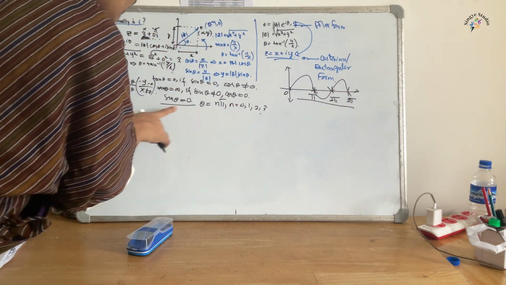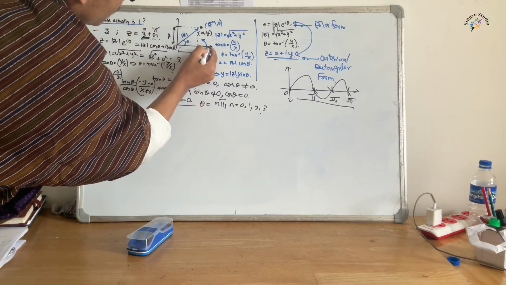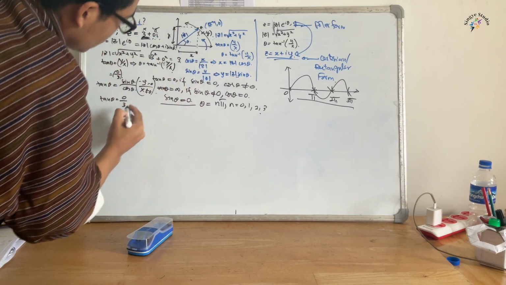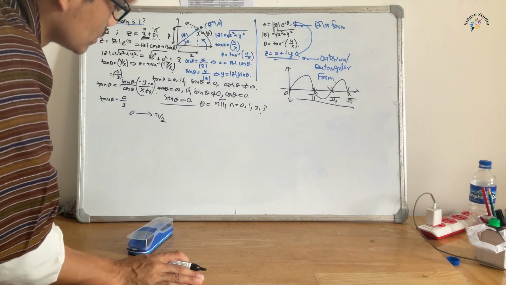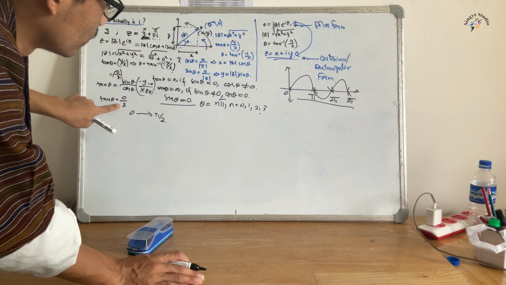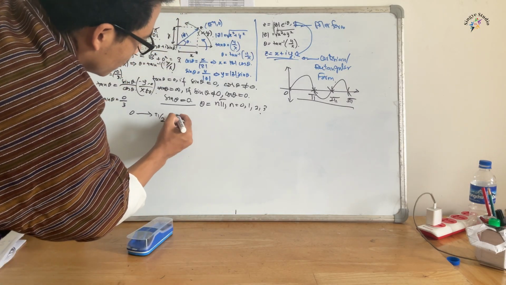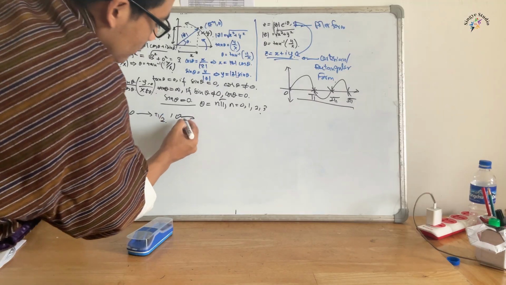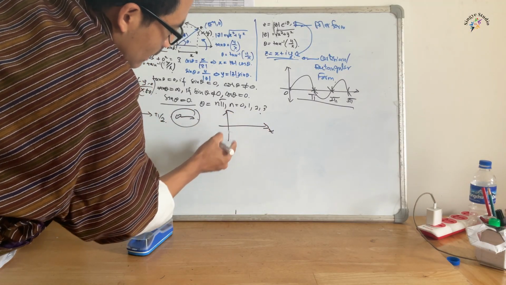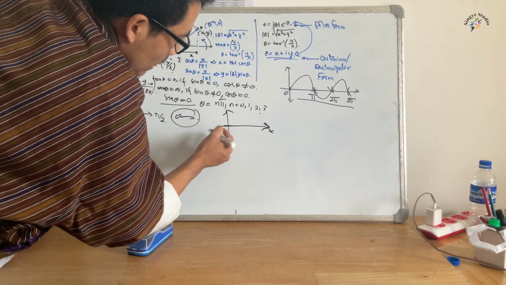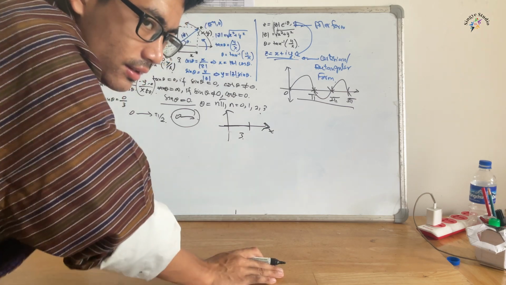See here, from this to this, our angle is from 0 to pi by 2, right? So when we see this 0, it means our angle subtended is 0. So what does it mean? Angle subtended by 0 means that from the x coordinates, we have not moved any angle, which means our number 3 lies here, right?